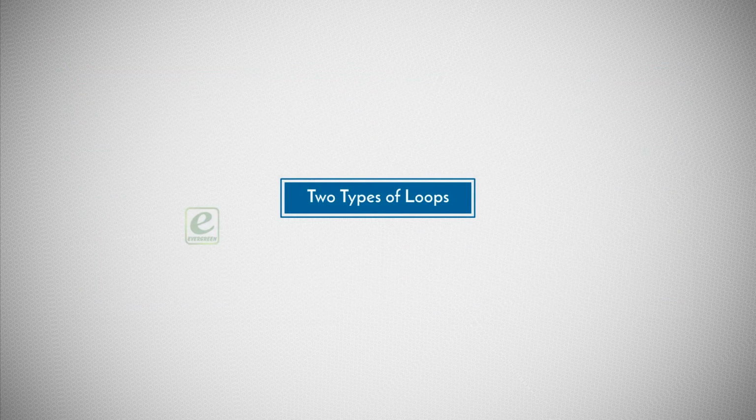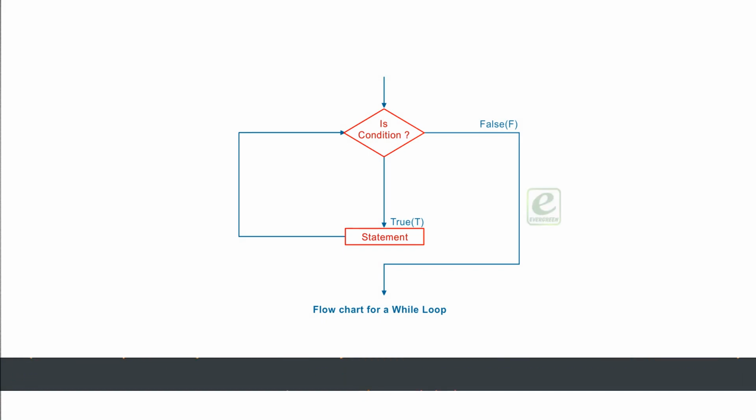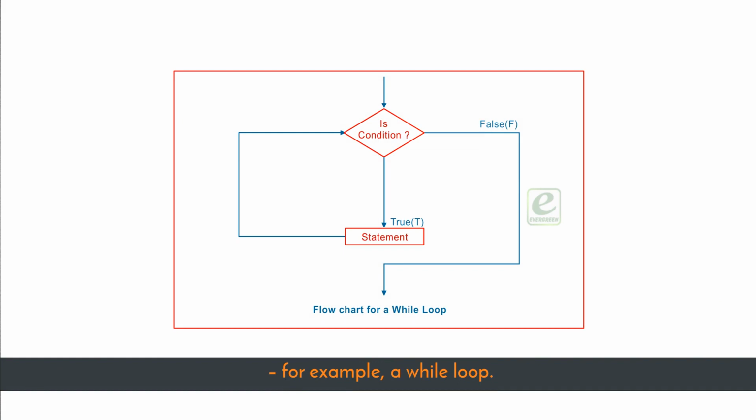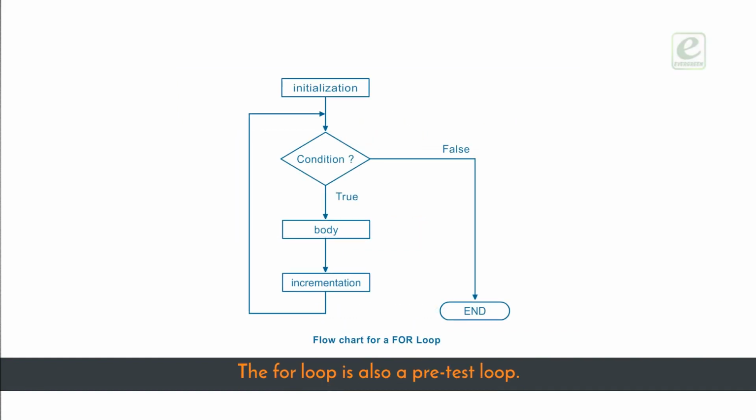2 types of loops. A pre-test loop is a loop in which the loop condition is tested before execution of the body. For example, a while loop. The for loop is also a pre-test loop.